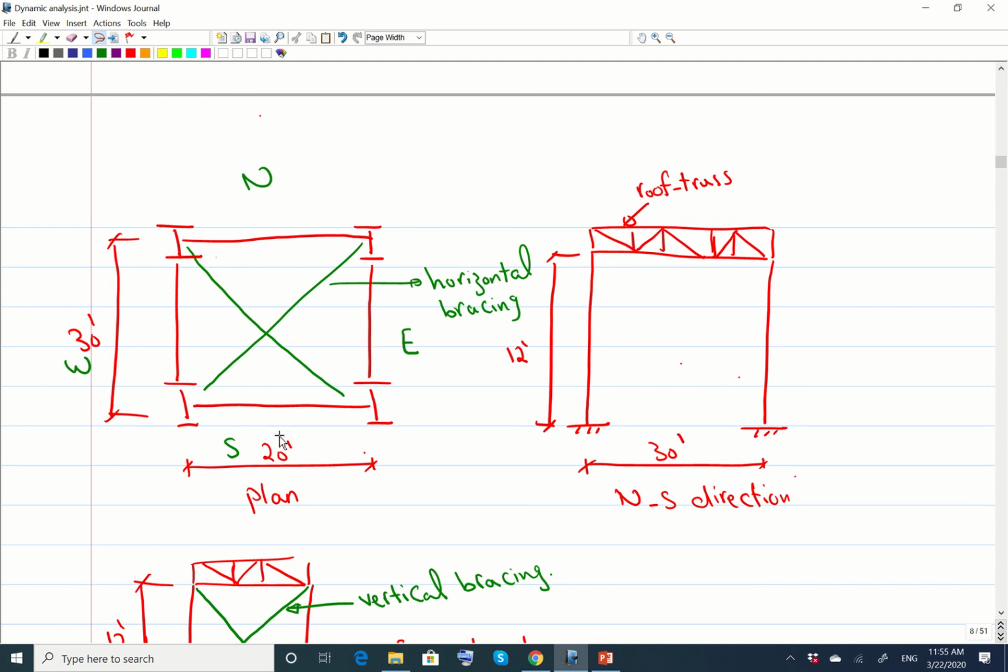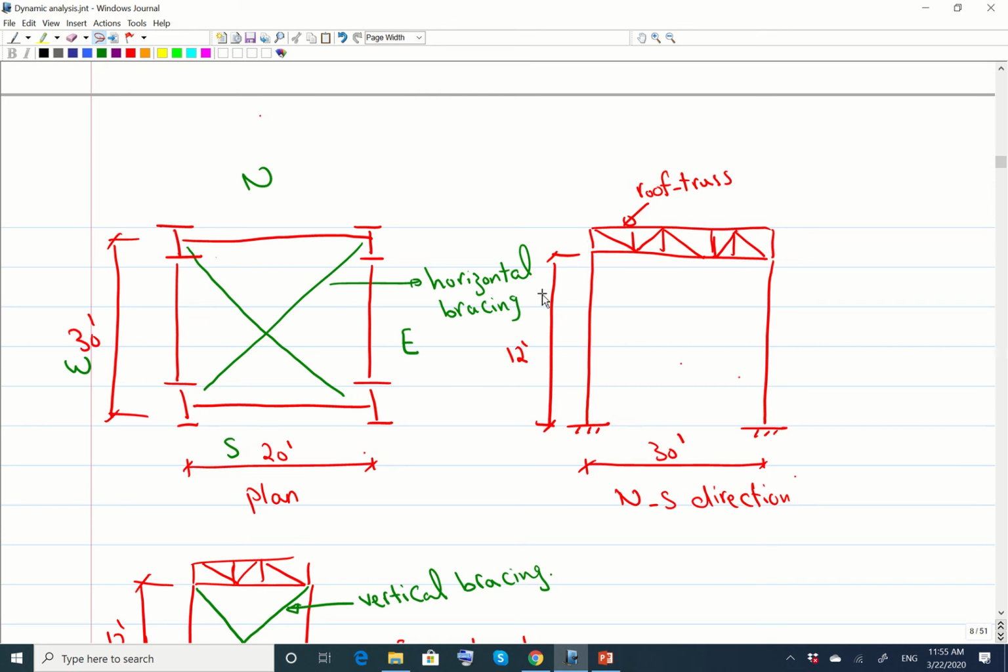If you have a look at the side view of the building, in the north-south direction, if there is a horizontal force applied in this direction, there is a frame. So there is this column here, and then this column over here. There are two frames. So one frame has a rigid connection between the column and the roof over here.